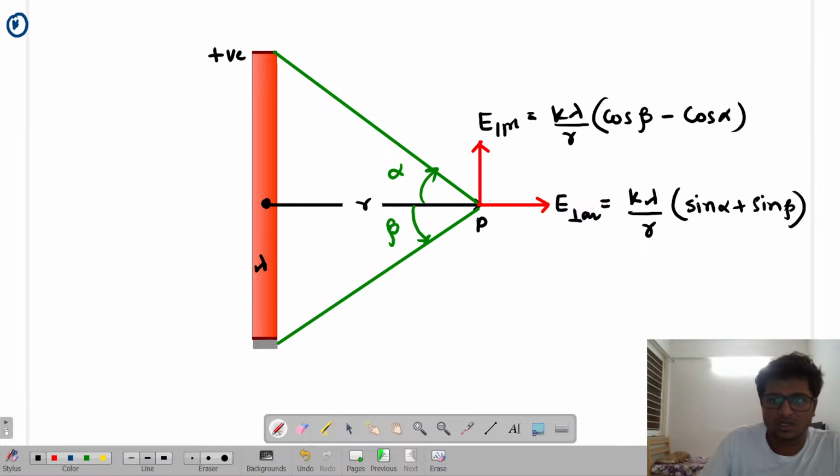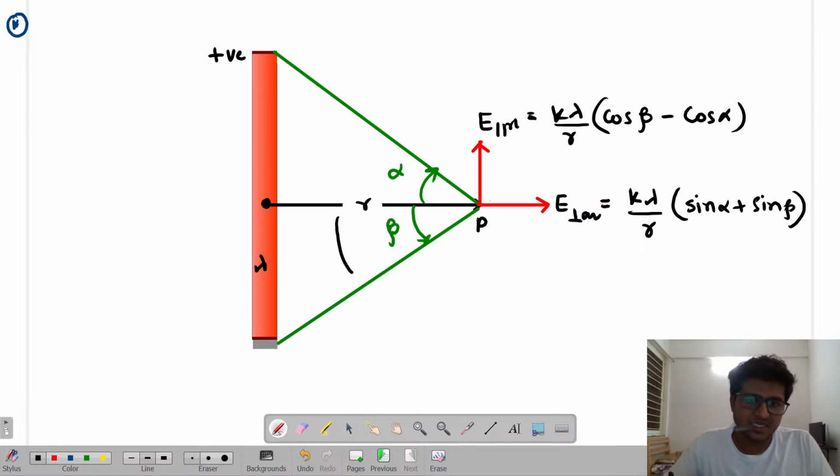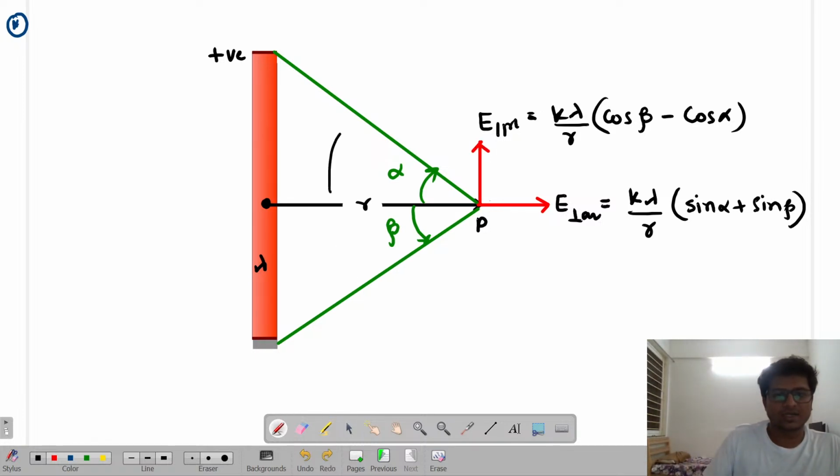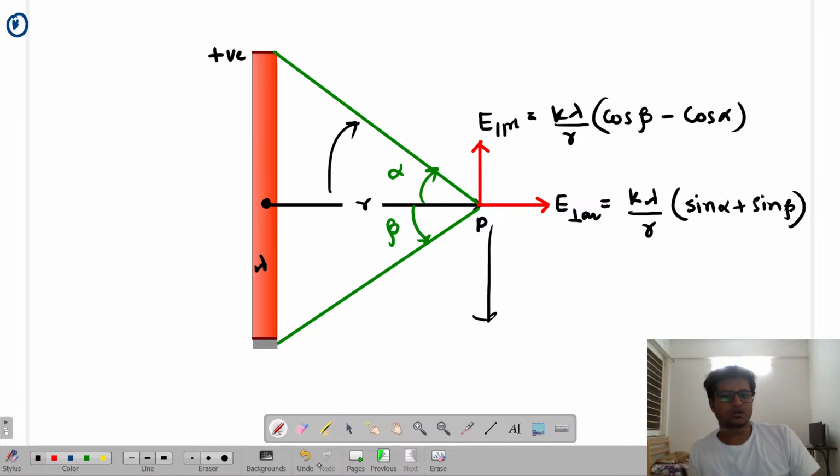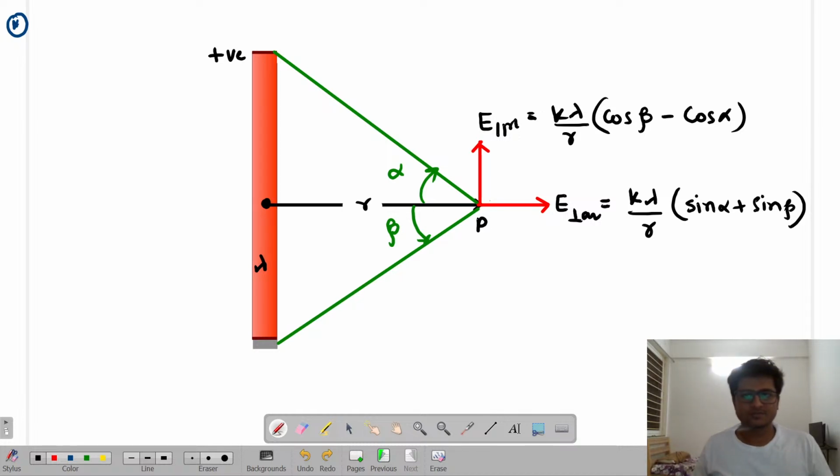So remember, if beta is taken in the downward direction, the parallel component will be opposite of beta. If beta is taken in the upward direction, then the parallel component will be in the downward direction. That's how you need to identify the parallel component. Is that clear or not?